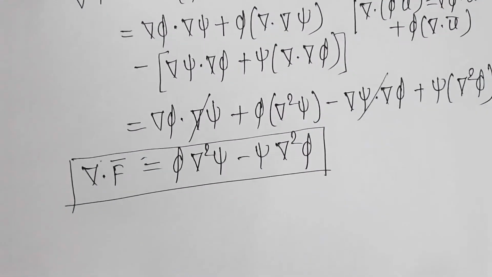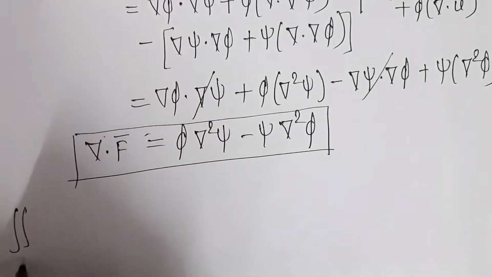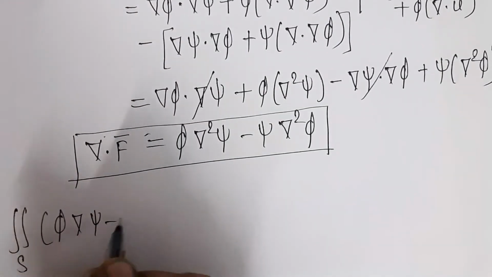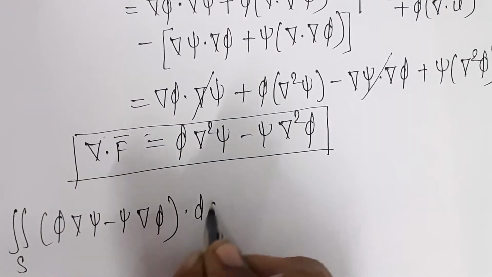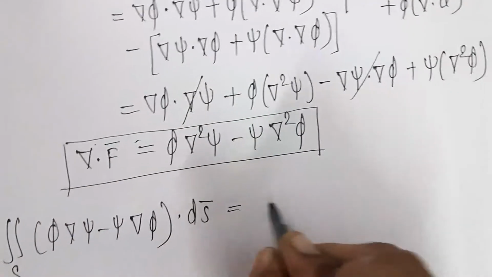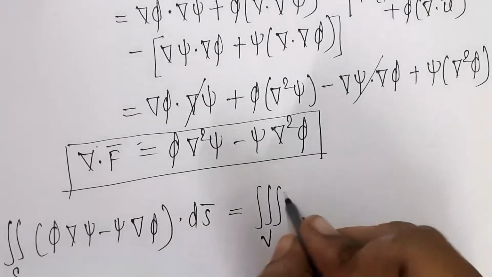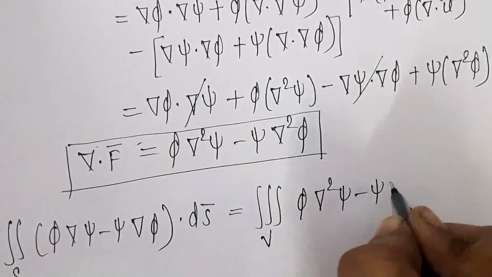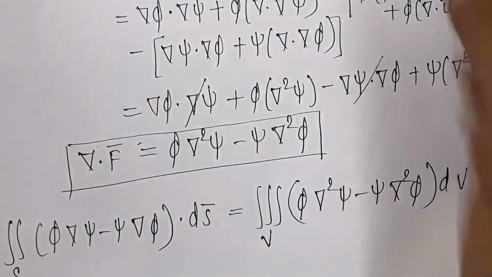So the left hand side is double integral over S of F dot dS bar, where F is given as phi del psi minus psi del phi. It is equal to triple integral over V of del dot F. Del dot F is phi del square psi minus psi del square phi, dV.